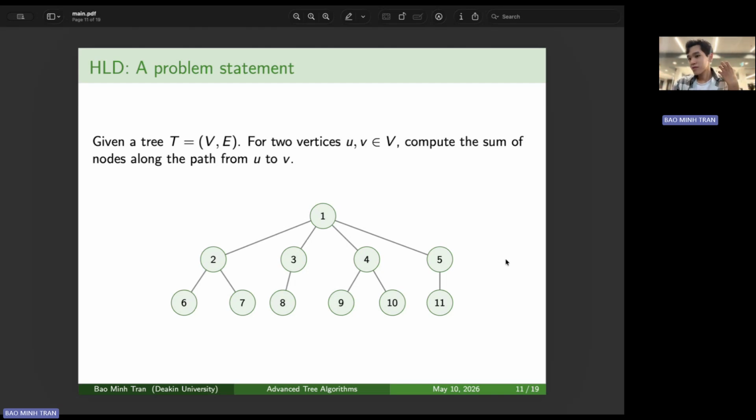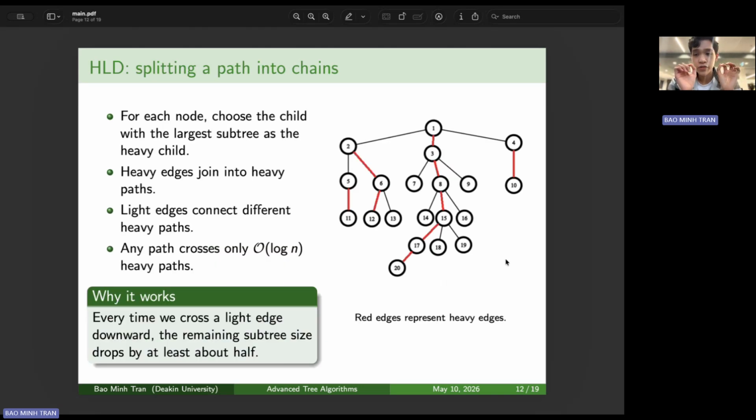Okay, we can approach this problem a bit differently. We can try to define heavy edges and light edges, preferably the heavy edges. We start with the heavy and light child. Similar to AVL, the subtree rooted at the heavy child has the largest number of descendants compared to the other children of the parent.